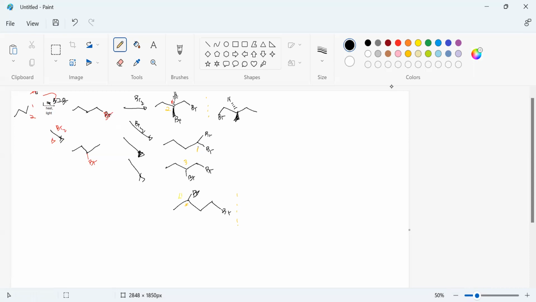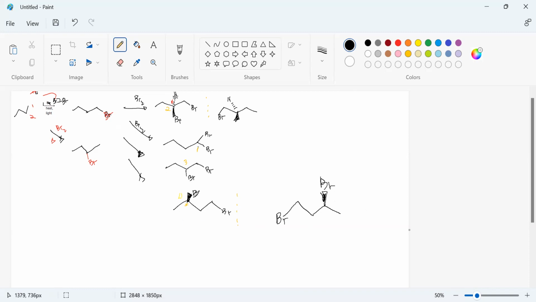And for writing the enantiomer, you have your Br here, and you have your CH3, and then copy this. You have carbon 1, 2, 3, 4. So this is the enantiomer of this.